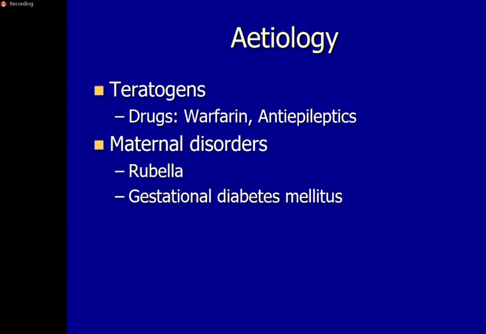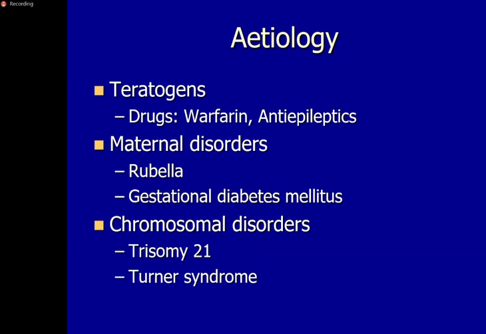mother, then if the mother had gestational diabetes, and other chromosomal abnormalities in the baby, like trisomy 21, which is Down syndrome, then Turner syndrome, those types of conditions inherently do have characteristic defects. Not that everybody gets these defects, but more of those defects are seen in these particular conditions.